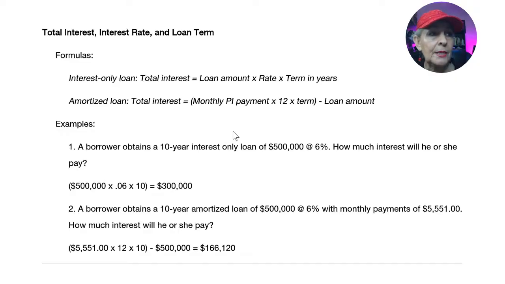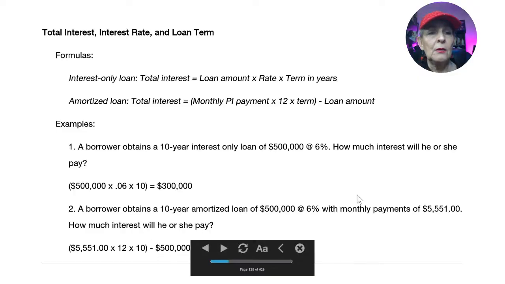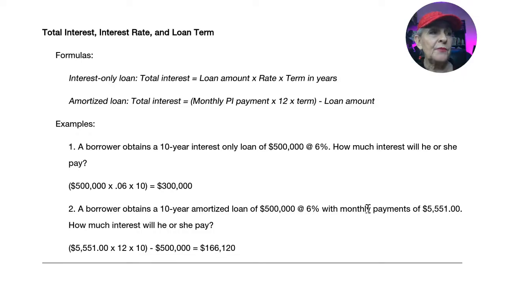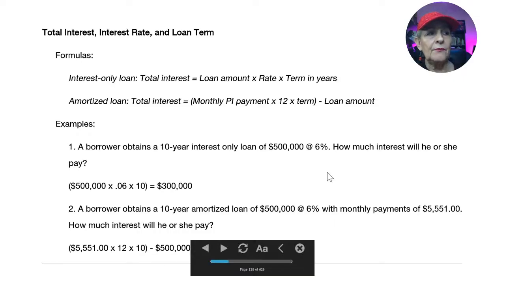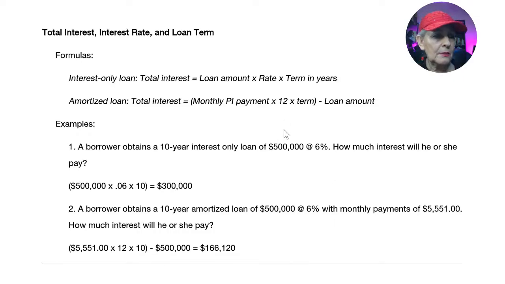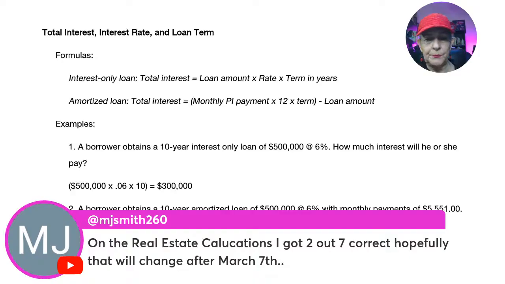Because we got to deal with it for a year, because interest rates are yearly, times 10 years. So the monthly payment times 12 months times 10 years, minus the loan amount, which will end up being the amount of interest they paid. So it is $166,120.